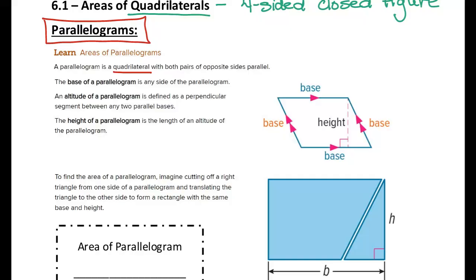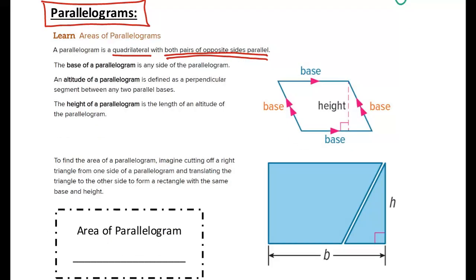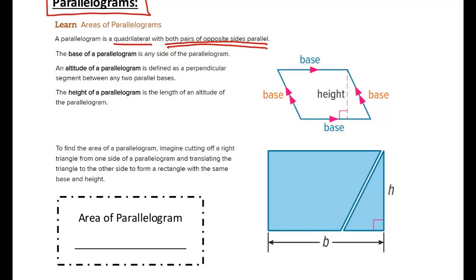With both pairs of opposite sides that are parallel. The base of a parallelogram is any side of the parallelogram. So the base can be any side. The altitude of a parallelogram is defined as the perpendicular segment between the two parallel bases.